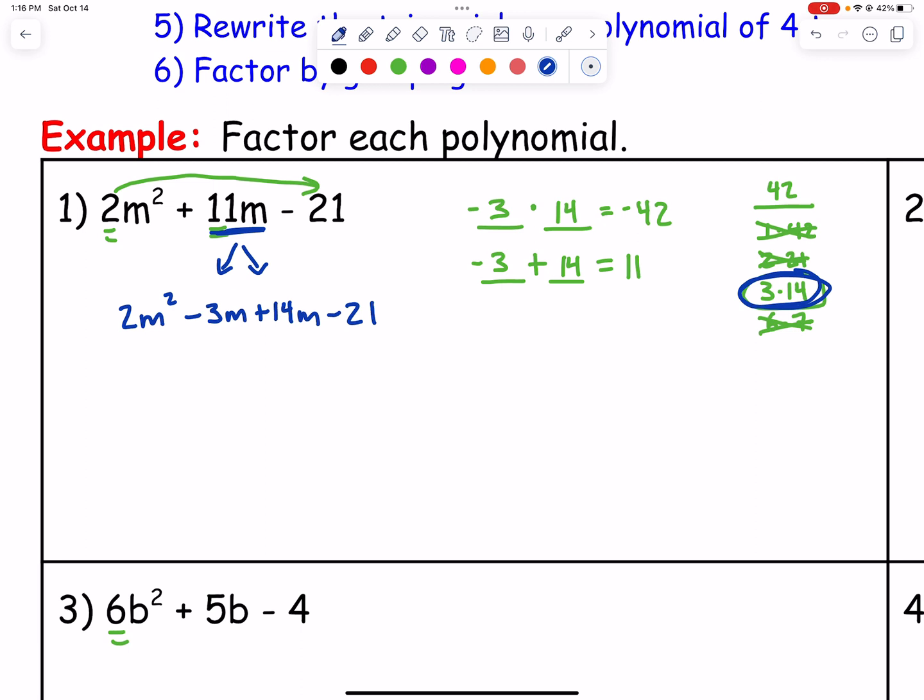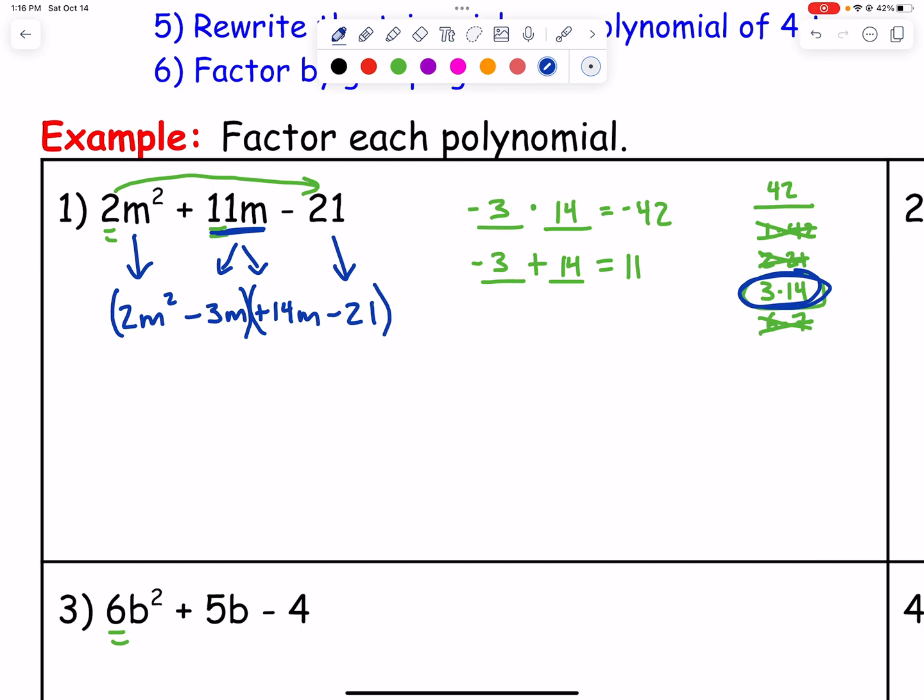So now I'm going to bring down the first term and bring down the last term, and I've rewritten the middle term, so all is good. And now I have 4 terms, and I can use the method of grouping to finish factoring this trinomial. So let's group the first 2 and the last 2 terms and take out greatest common factors from each.